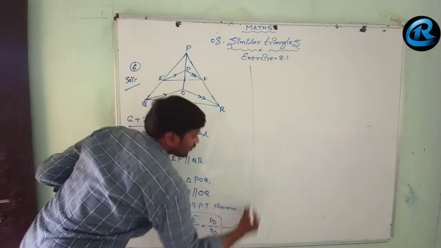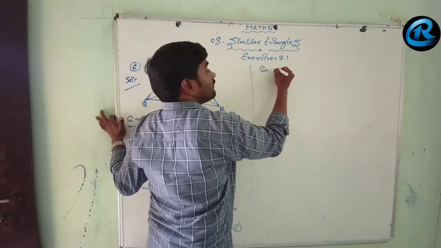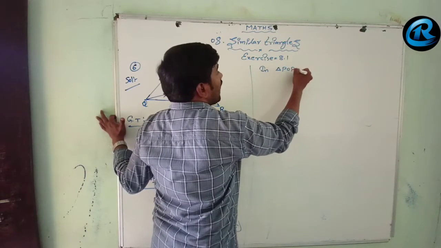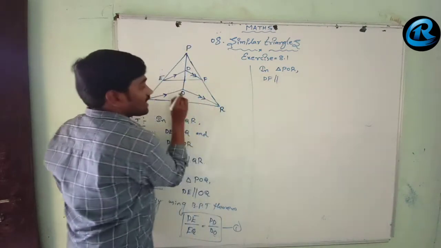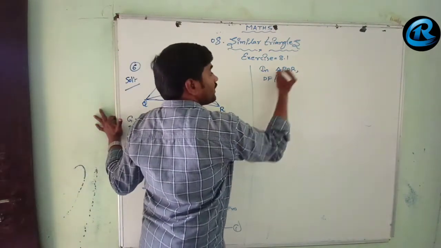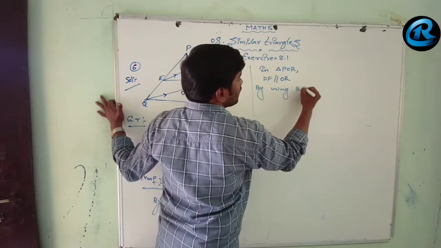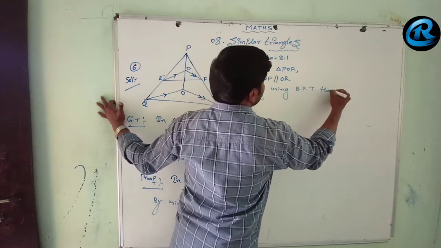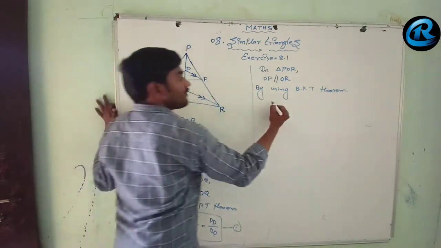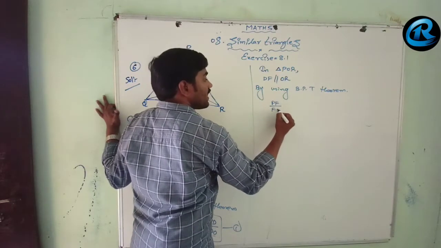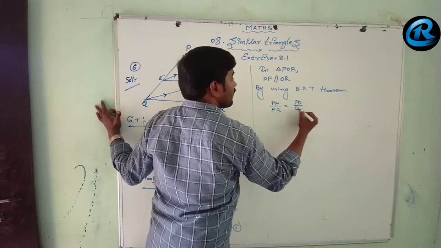Similarly, we take the other triangle, PDR. Now in triangle PDR, where DF is given parallel to PR, by using the BPT theorem again, we can say that PF by FR is equal to PD by DQ.